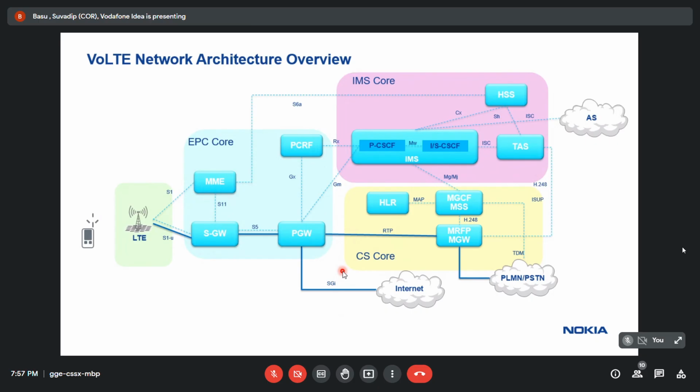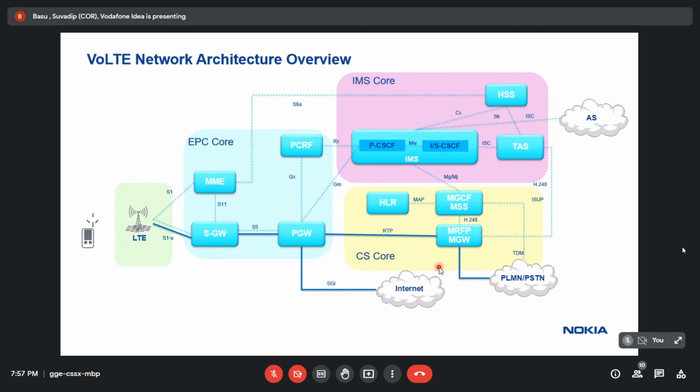So when the call has to move back to the circuit switched core, or when a VoLTE subscriber has to call a non-VoLTE subscriber, then the call has to come out of VoLTE and enter the CS core. So that is one case of interoperability, number one, right?